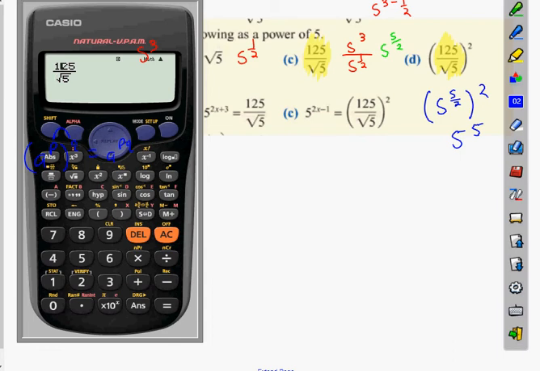Yeah. So what we could have here is 625 squared. Now we're going to get 25 root 5, and then squared, and the answer is 3,125. And the problem there is you're going to have to turn that into powers of 5.